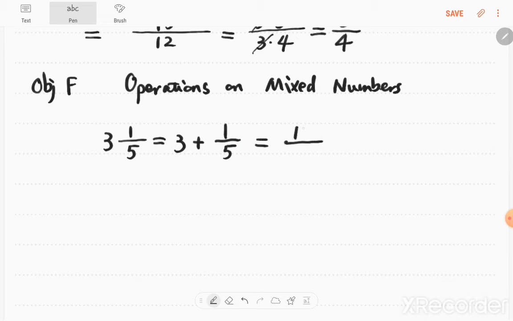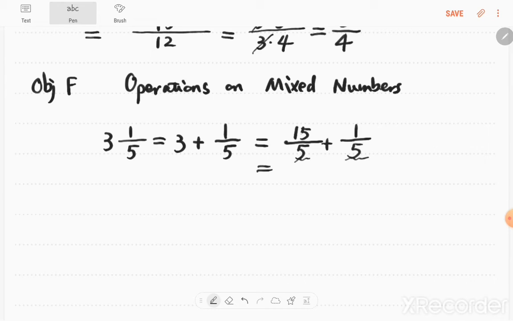So we change the whole number into an equivalent fraction with the common denominator with the second fraction, because the second fraction is 1 over 5. So 5 is the denominator. So we switched 3 as, because we want this to have the same denominator.